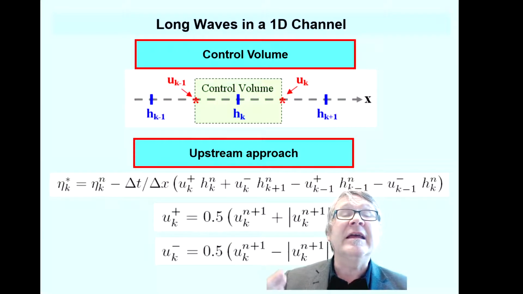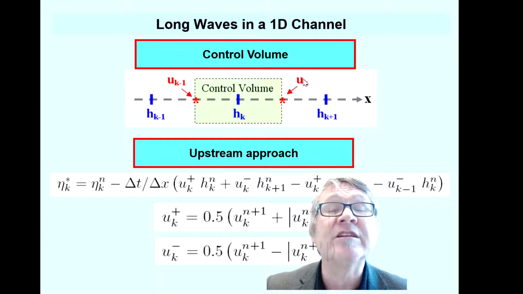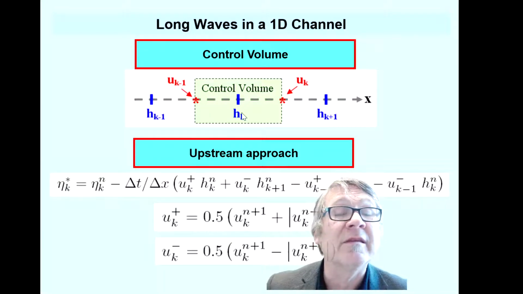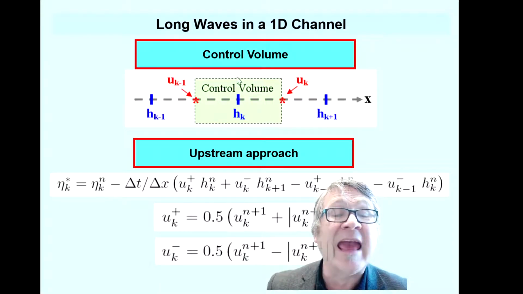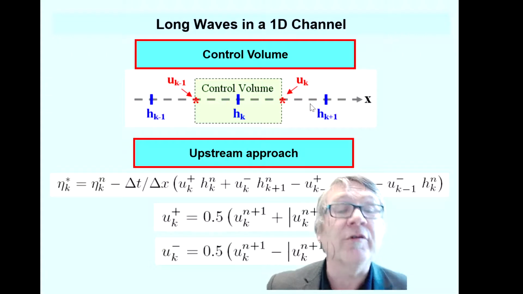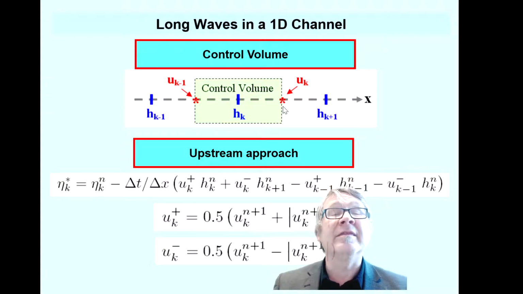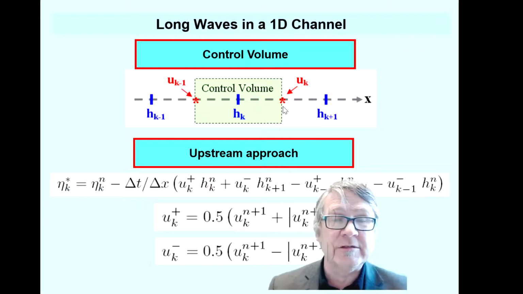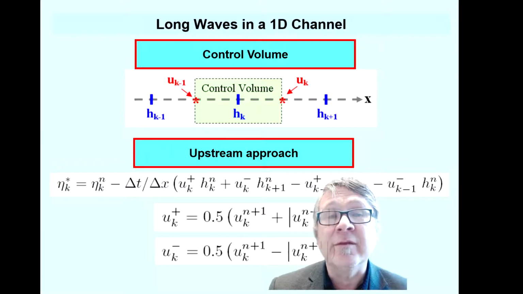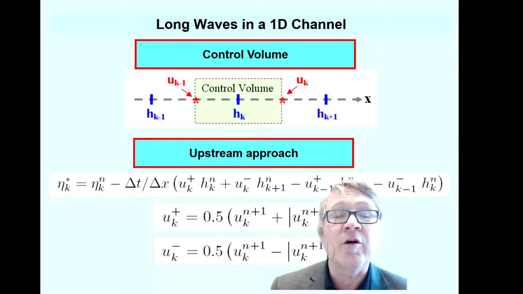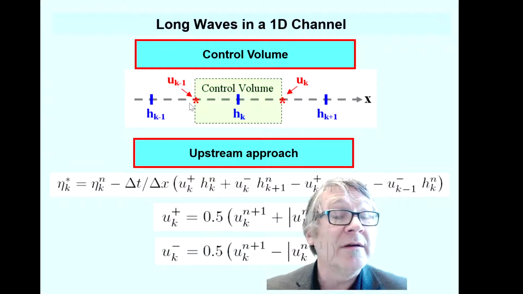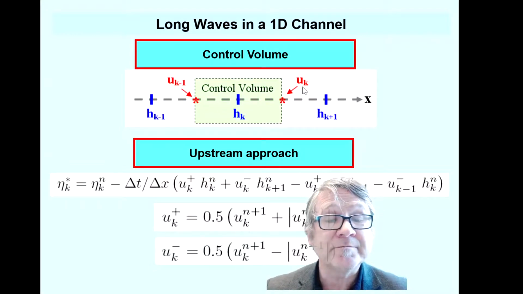Whereas if the u is positive, you actually want to move out volume, namely the volume represented by the hk here, out of your volume. So the property that you choose for your difference actually depends on the direction of the flow, and on both sides of this control volume.